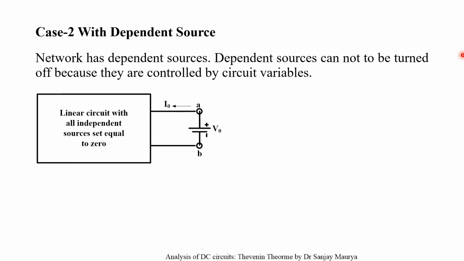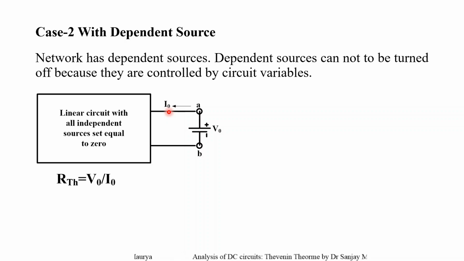So what should we do in such case? We replace the independent sources by their internal resistance and connect a voltage source of known value V0 at the two terminals, and we determine the value of I0. So the ratio of V0 over I0 will be equal to RTH.